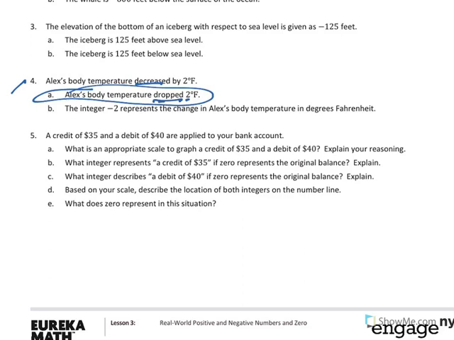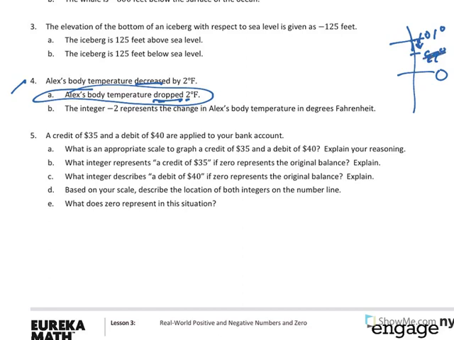And then B says the integer negative 2 represents the change in Alex's body temperature in degrees Fahrenheit. The fact that they use the word integer and negative 2 shows that it went down. If you were on a thermometer, and let's say here was where his temperature was at 101 degrees, and it dropped by 2 degrees, that would bring you down to 99 degrees.